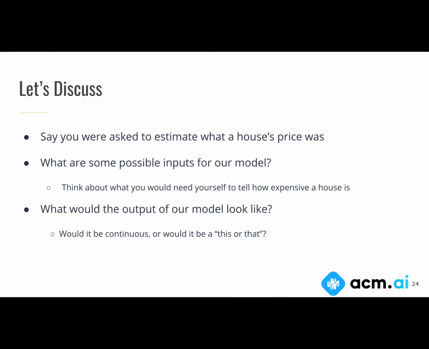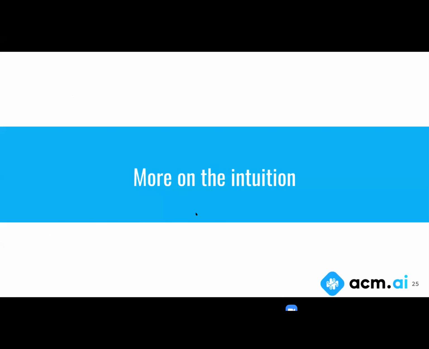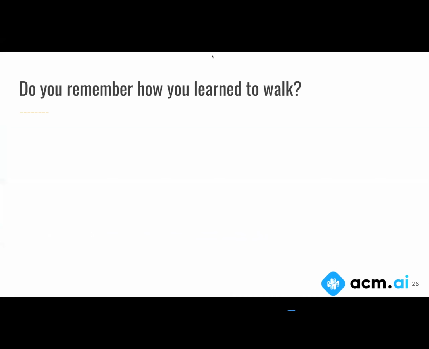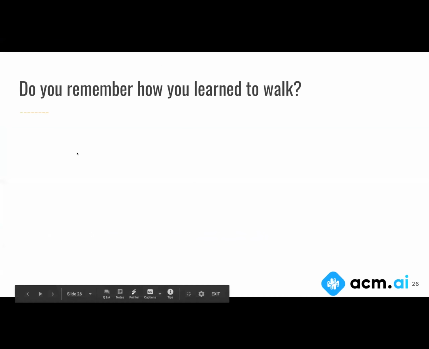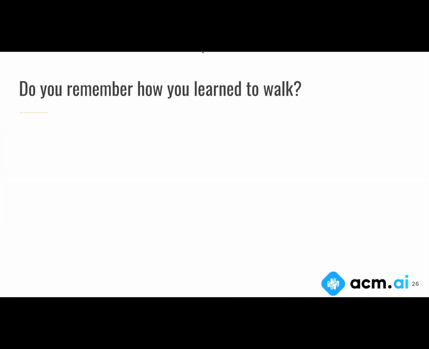All right. If you don't have any questions, I'm gonna delve more into the intuition of AI. Can I ask a question? Yeah, sure. In the poll, one of the options was neither discrete nor continuous. What does that really mean? That was kind of just a trick answer.